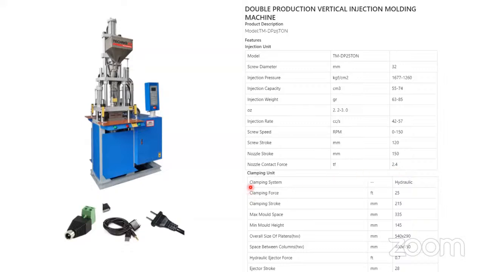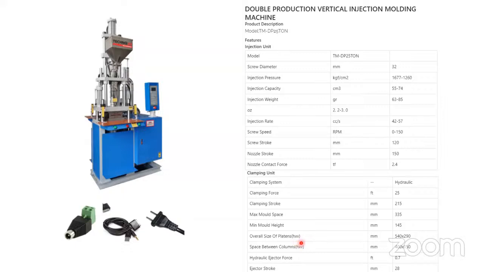Then clamping unit. Clamping force 25. Then clamping stroke 215. Maximum mold space 335 mm. Minimum mold height 145 mm.